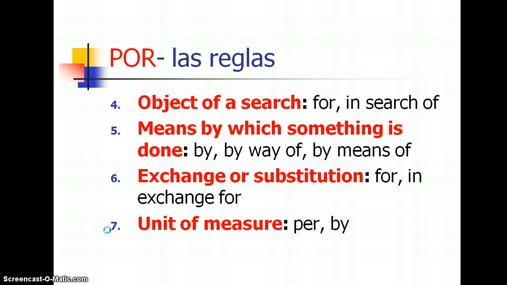El señor fulano worked for me in my place. Okay, there was a substitution there. You could also, any kind of monetary exchange is going to use por generally. And then finally in 7, there was a ratio of, or a proportion or a unit of measure, okay, per or by. Okay. So the example that was given said that María dice 10 palabras por minuto. Okay, I talked about how many words per minute María says when she speaks.